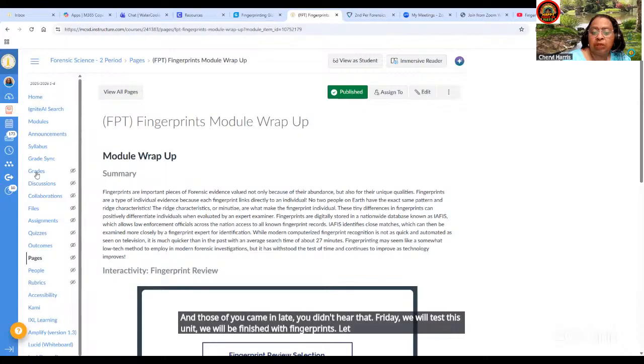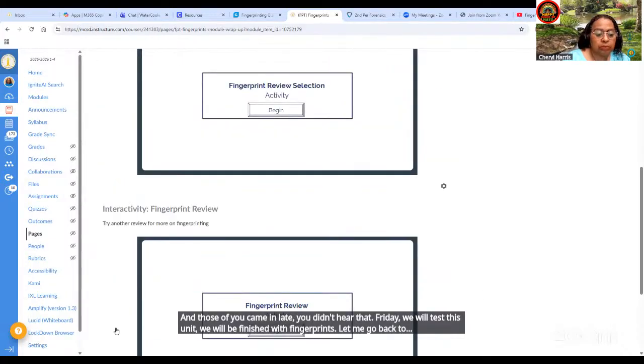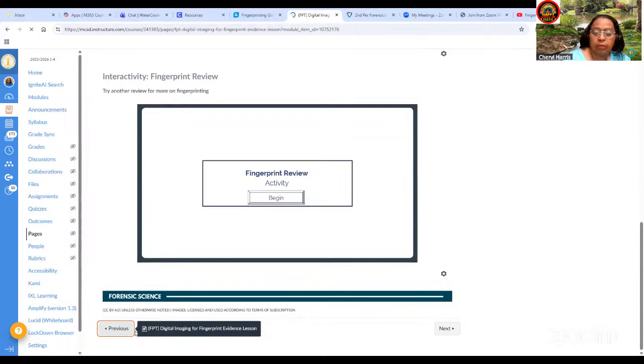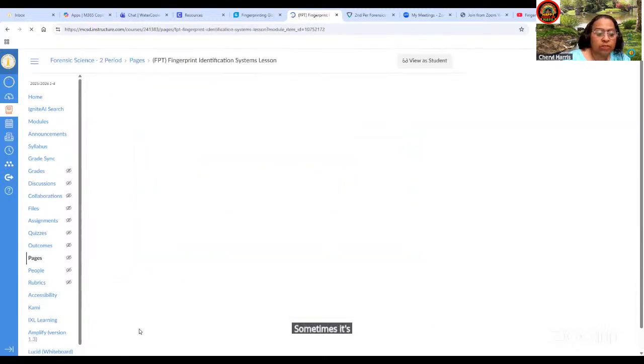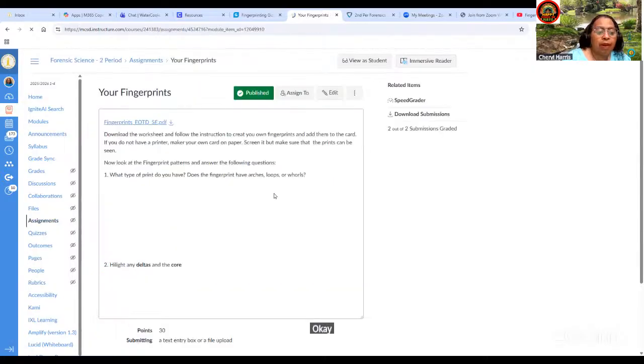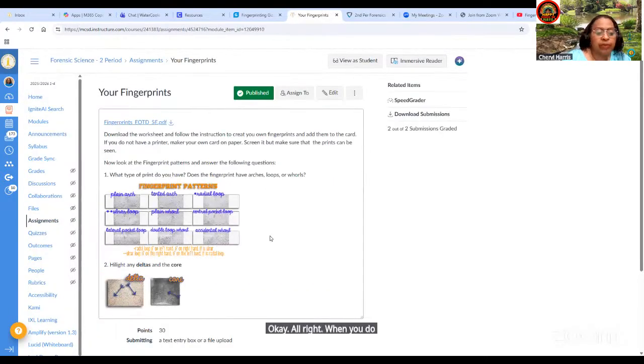Let me go back to, sometimes it's just easier to go through the module. Okay. All right. When you do your assignment, please label your fingerprints with what type of prints you have.